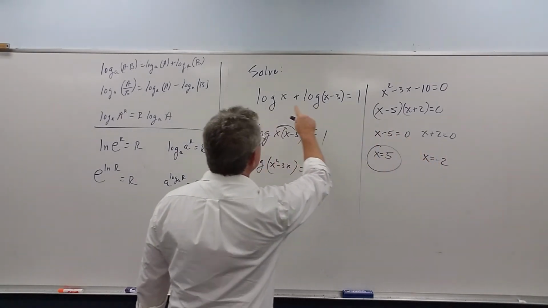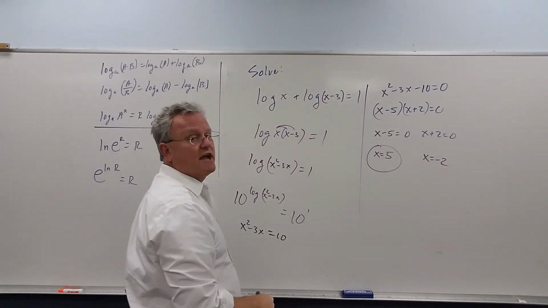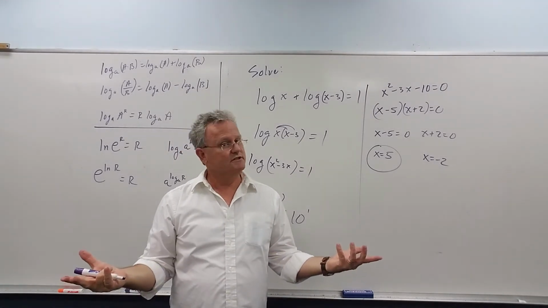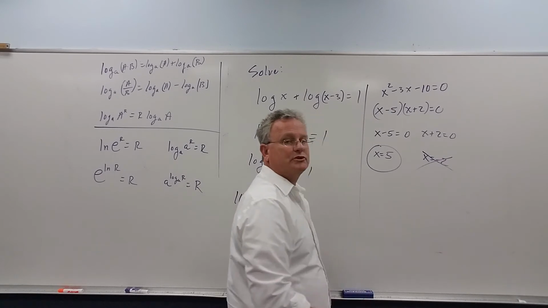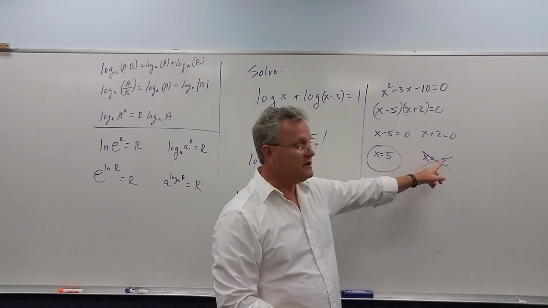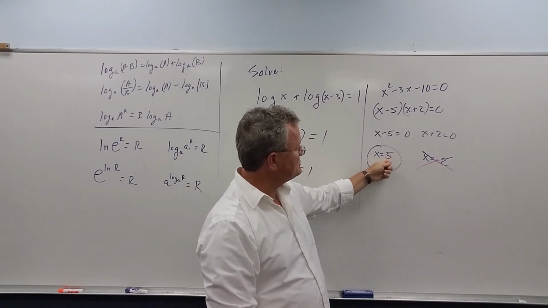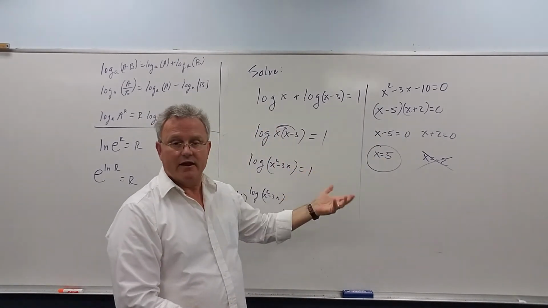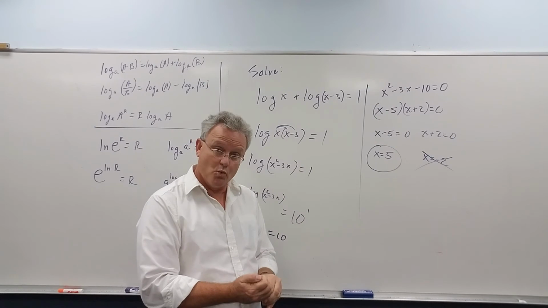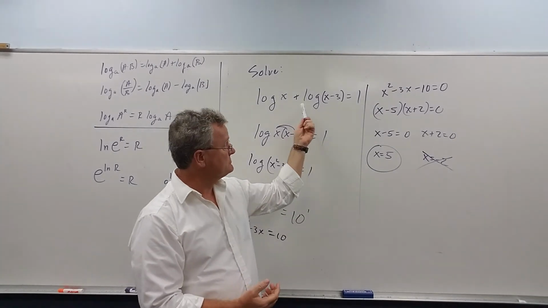When I plug in negative 2 here, I get the log of negative 2, which is not defined. So this is not a solution. That is an extraneous solution. The only solution to this equation is x equals 5, the one and only solution.